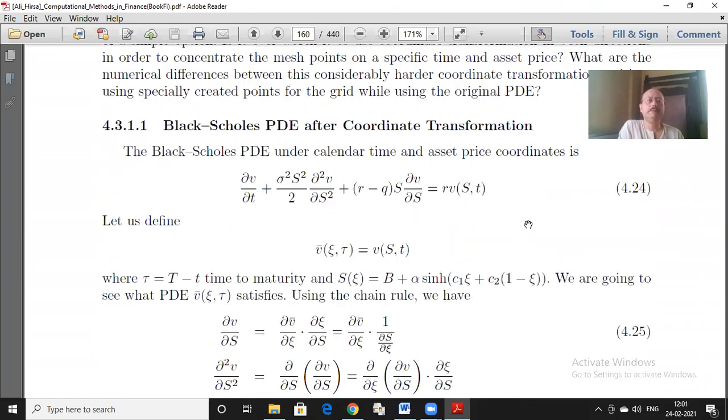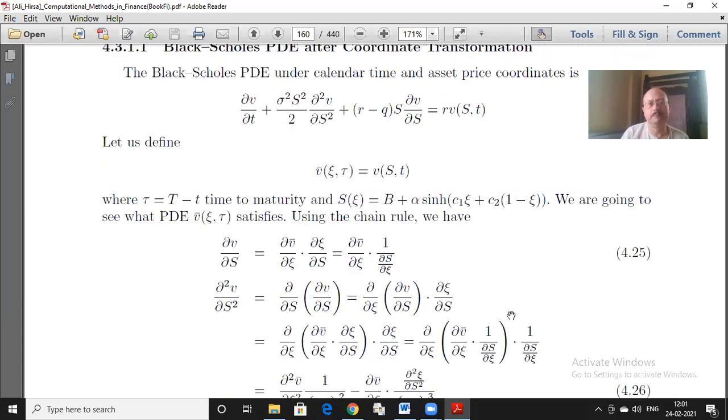The homework is, I want to use this coordinate transformation to solve the Black-Scholes PDE. So again, I have a particular stock price around which I want the grid to be finer, and it can be coarser far away. So basically my stock price will have to be mapped.